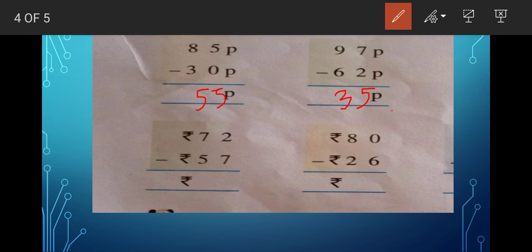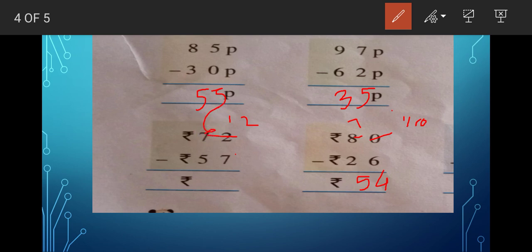Now here 0 minus 6 is not possible, so it will become 10, isn't it? This will become 10 and this will become 7, right? So 10 minus 6 is 4 and 7 minus 2 is 5. Okay, so rupee minus rupee will become rupee. Here also it is carry with carry, so it is 12. With 2 it is not possible to do subtraction, so this will become 12 and this will become 6, isn't it?